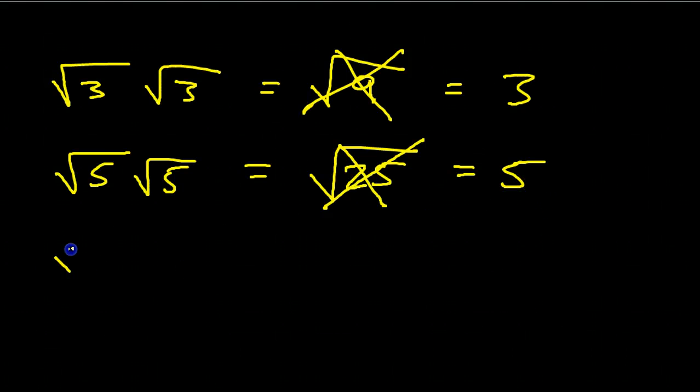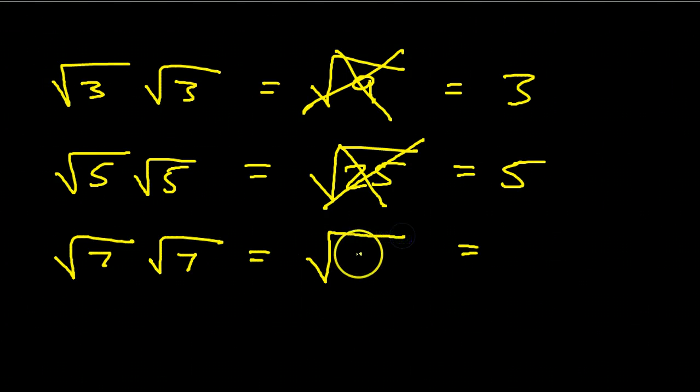But let's do one more. If I have the square root of 7 times the square root of 7, can anyone guess what the answer is right now without thinking about the middle step? Let's see if you were right. But for the kids who are still catching on, 7 times 7 is 49. But oh look, perfect square. Square root of 49 is in fact 7.